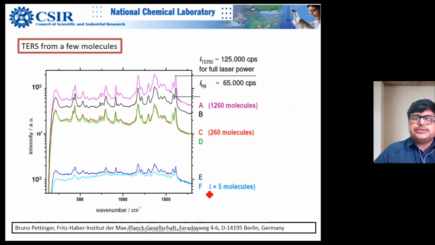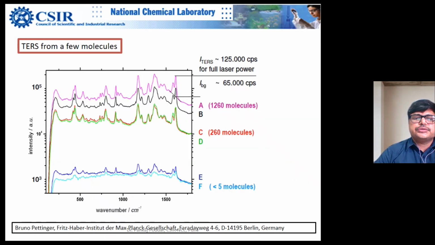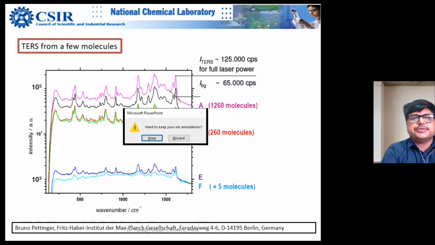With less than 5 molecules, you can still record Raman spectra. So this is the beauty: you can actually go down to single molecule scattering. Thank you very much. This ends my Raman spectroscopy lecture, and I hope you enjoyed it.